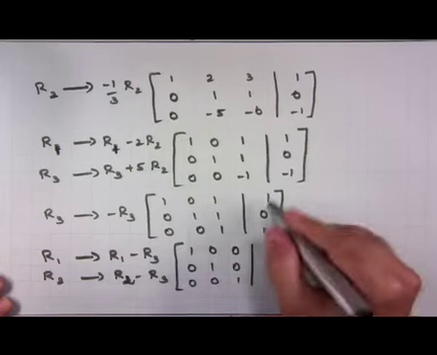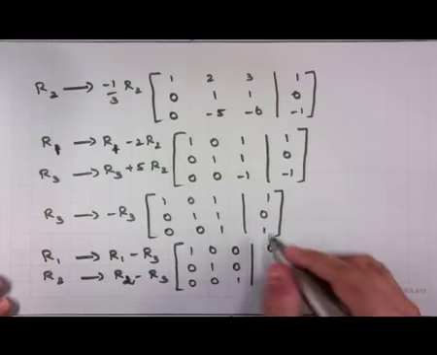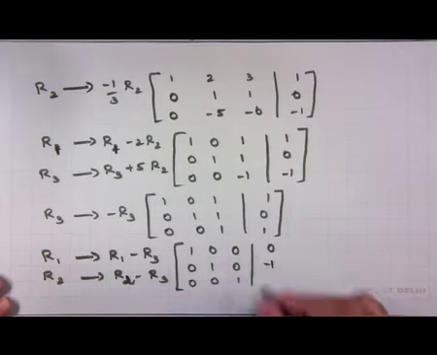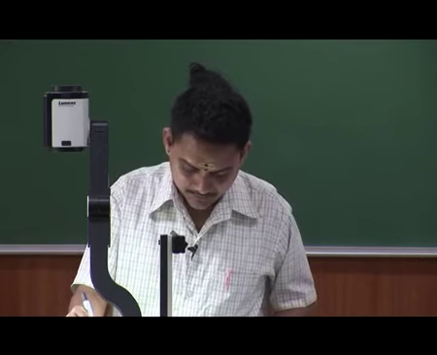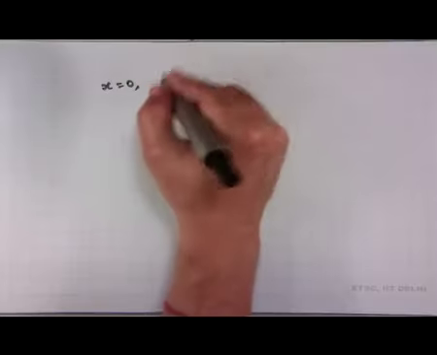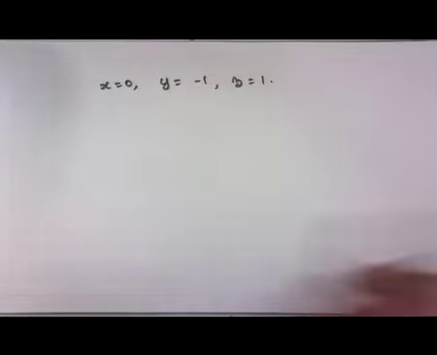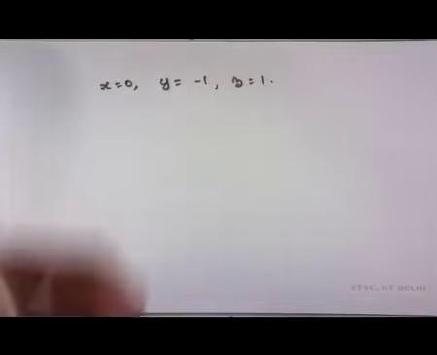Finally, 1 minus 1 is just 0, 0 minus 1 you have minus 1, and 1. Right. Thus, the solutions are x equal to 0, y equal to minus 1 and z equal to 1. This is the solution. Now, let us do one more problem.